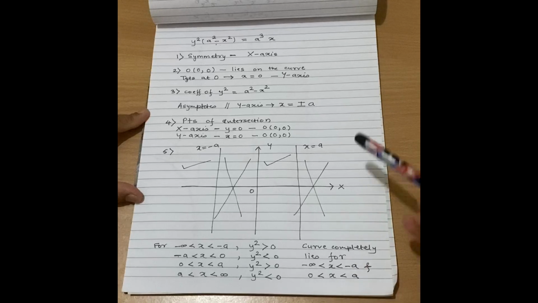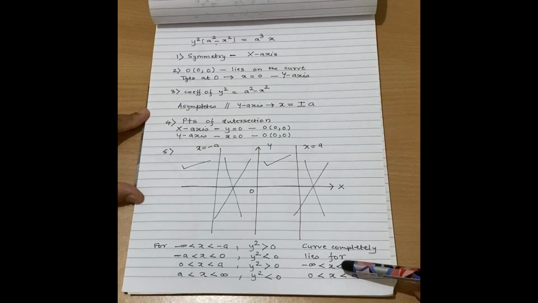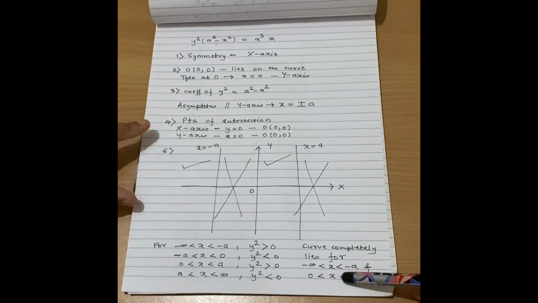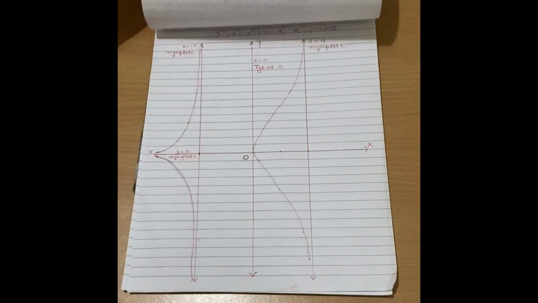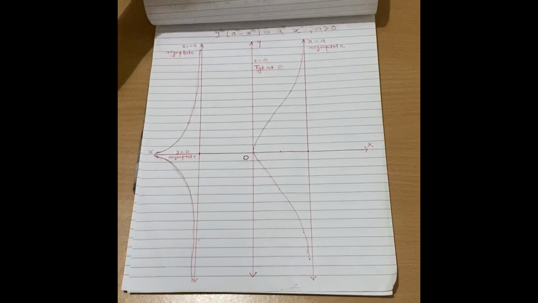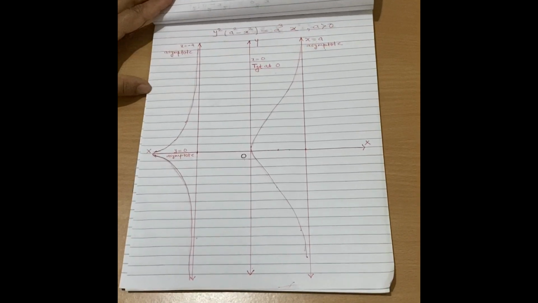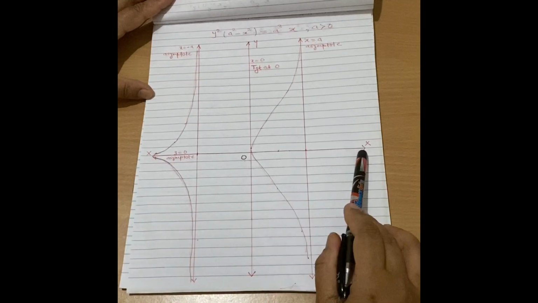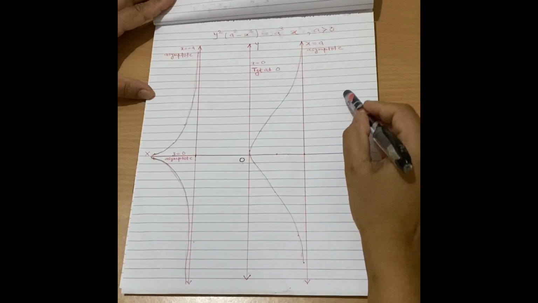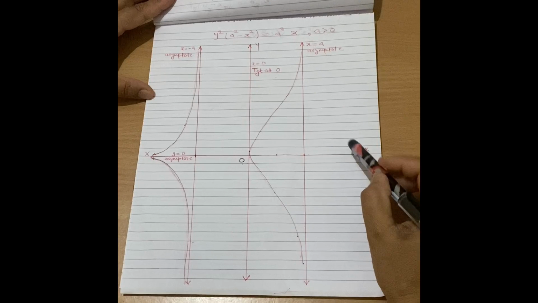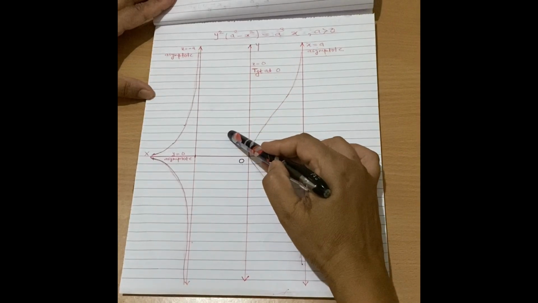By considering these properties that we have discussed, the shape of the curve is given by, so this is x-axis, this is y-axis, curve is absent in this sector, curve is absent in this sector.